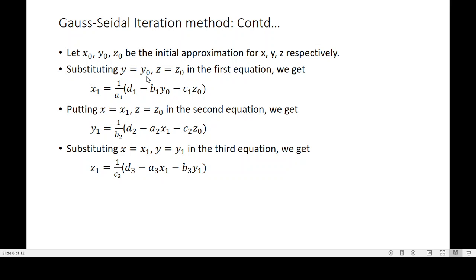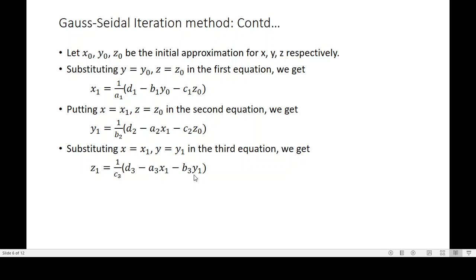We begin with the initial approximation. y is equal to y0 and z is equal to z0 and find x1. Then in the second equation we substitute x is equal to x1 and z is equal to z0. In the third equation we substitute x is equal to x1 and y is equal to y1 and continue the process.